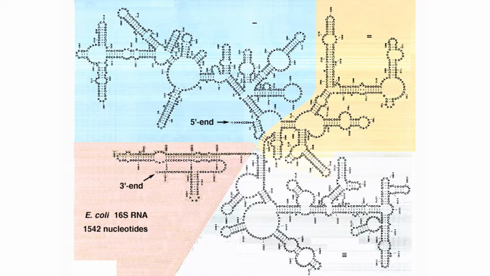So now we're looking at the 16S RNA. That was the single RNA in the smaller 30S subunit. It contains 1,542 nucleotides and is one continuous strand of RNA.